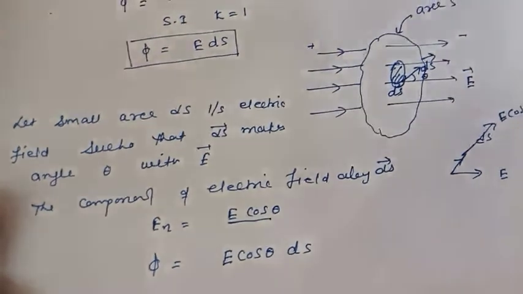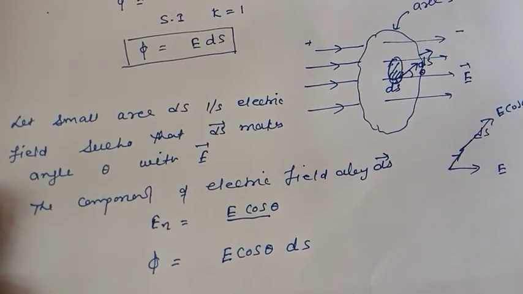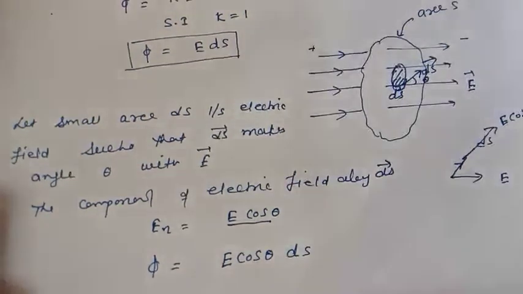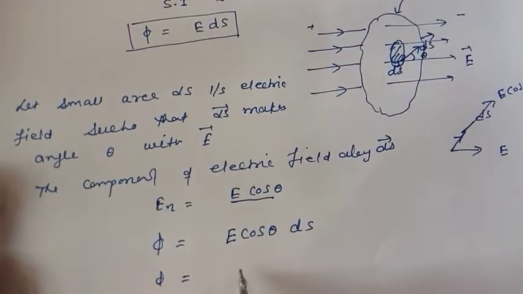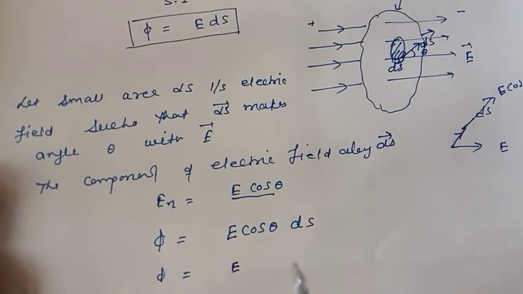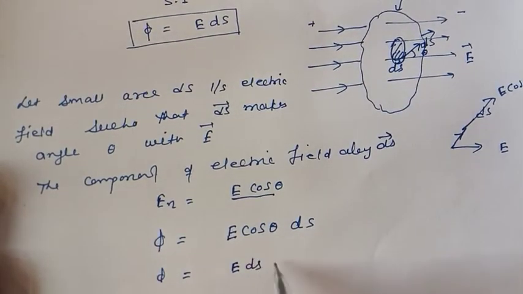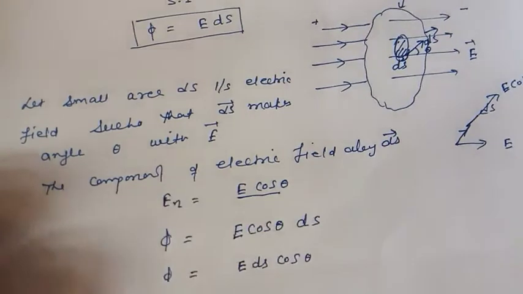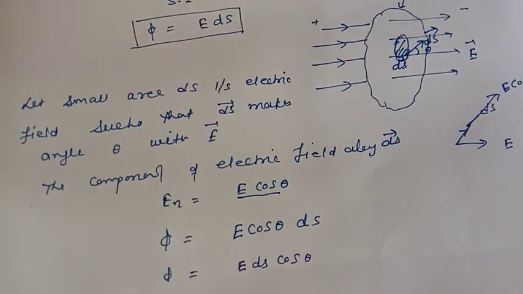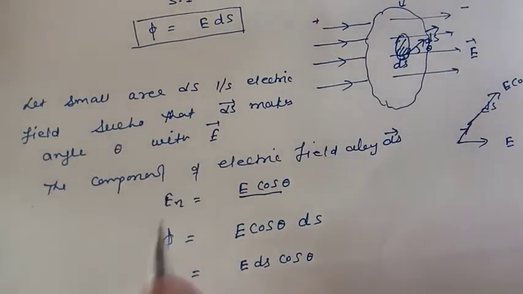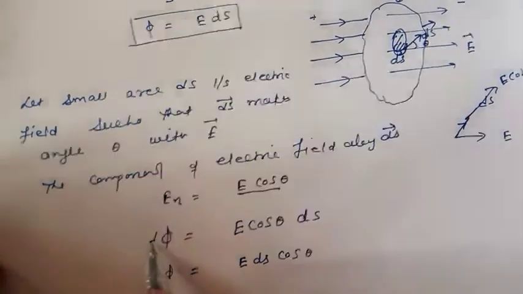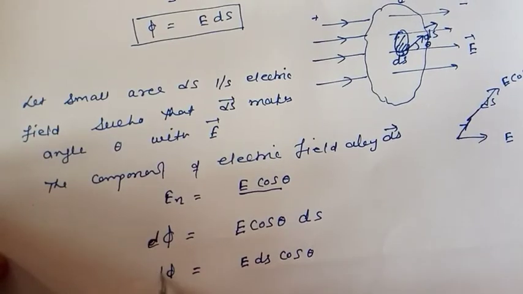That is electric field along the area vector. So now phi equal to E ds cos of theta. As area associated with this electric field is small, so this will be small electric flux. So we will represent it by d phi.